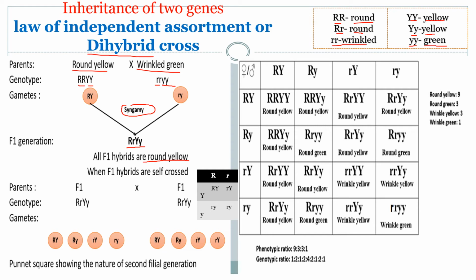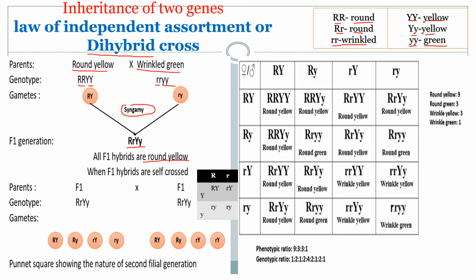Now, if F1 are self-crossed, the genotype would be capital R small r, capital Y small y, and similarly here also the same. And to write the gametes, put a small checker box here, or a Punnett square. See here, capital R and small r are taken on this side and capital Y and small y are taken on this.